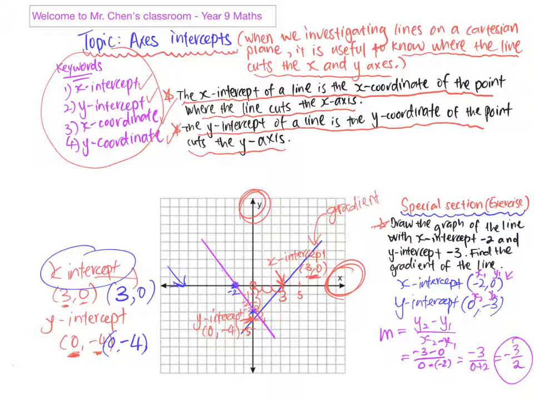To find the gradient, just use the formula m equals y2 minus y1 over x2 minus x1. You just need to decide whether the x-intercept should be your x1, y1, or the y-intercept should be your x1, y1. It shouldn't matter as long as you put the numbers in correctly.